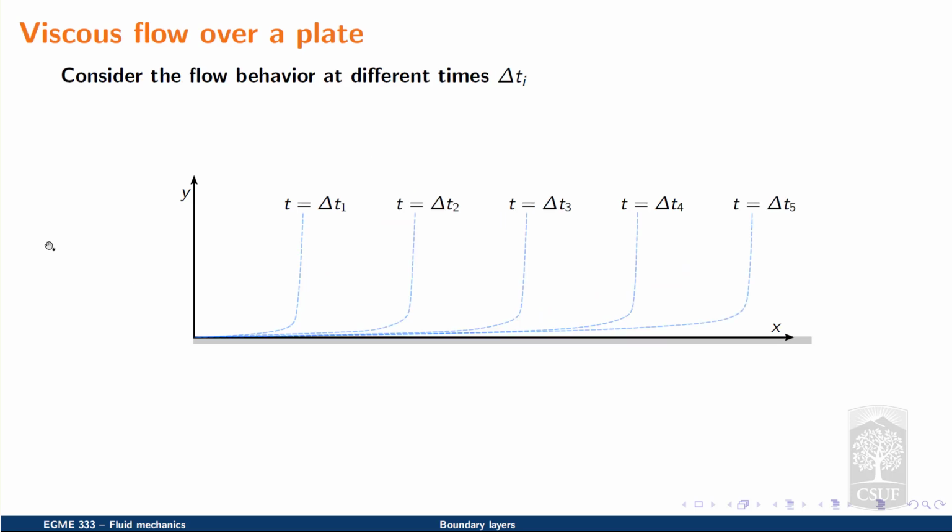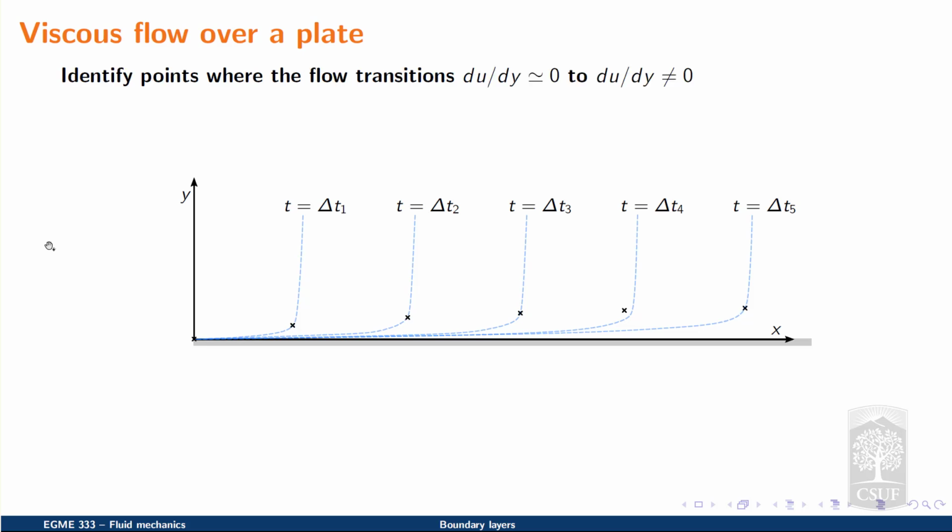So if we consider the flow behavior at different times or at different stages within the flow, we can identify points where locally the fluid element will transition from experiencing a negligible amount of shear strain rate to a non-negligible amount, which we can label here with this X.